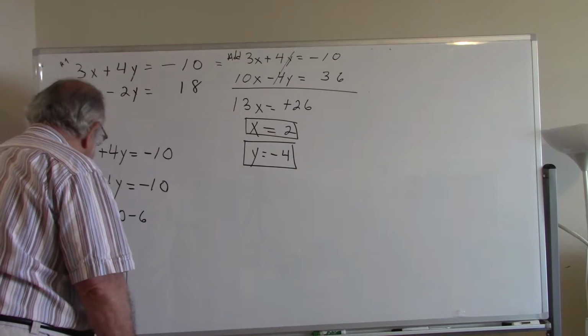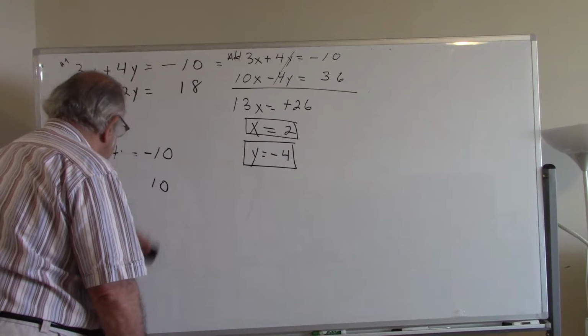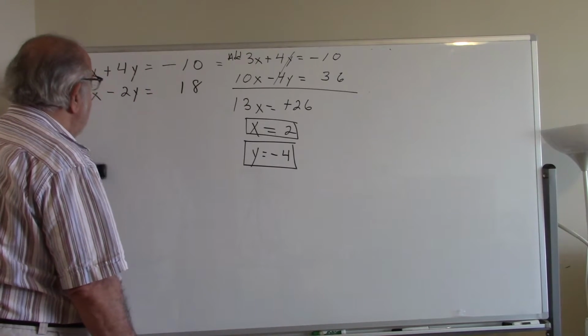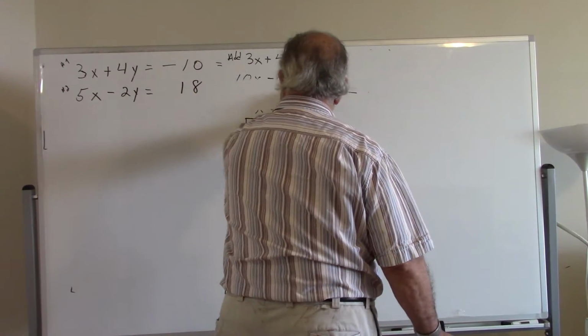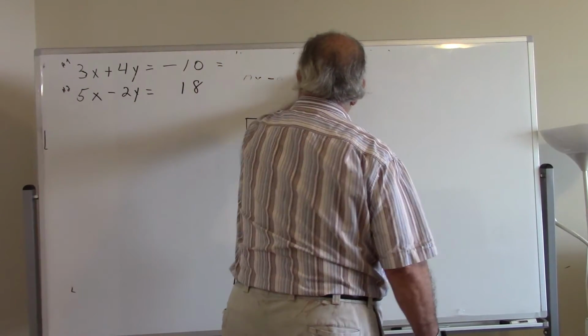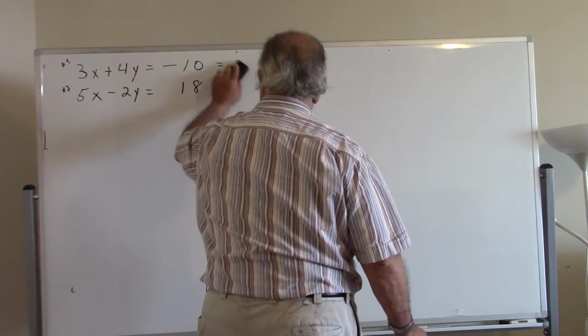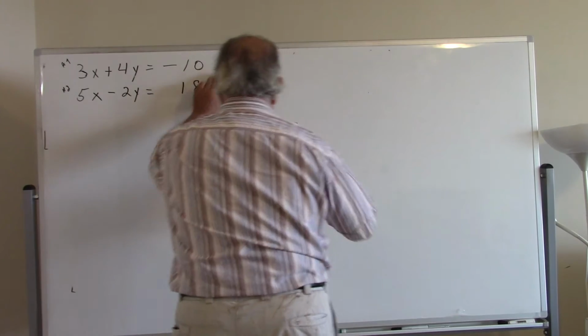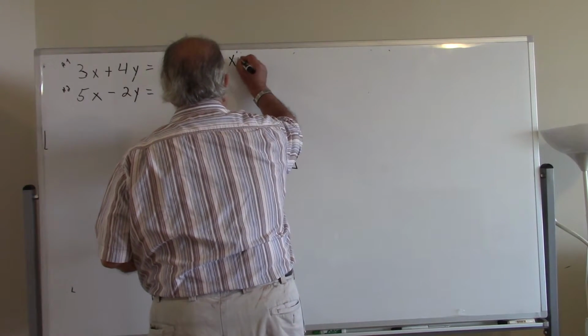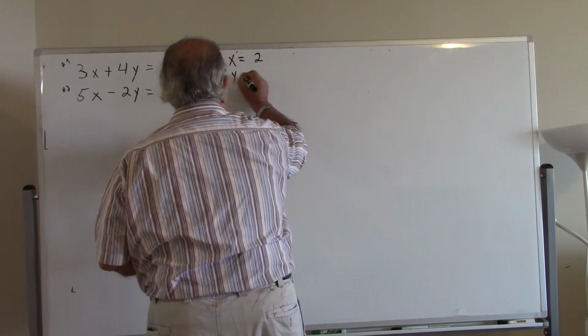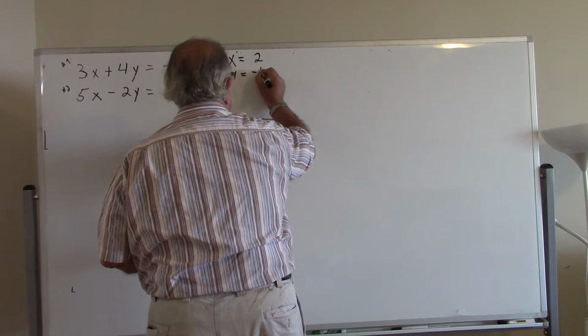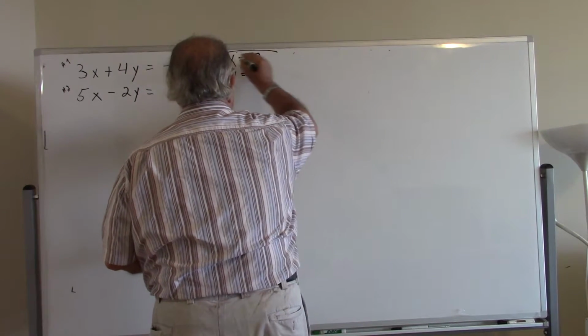All right, now let's check it to make sure it's correct. We have x equals 2, y equals minus 4. These are our answers.